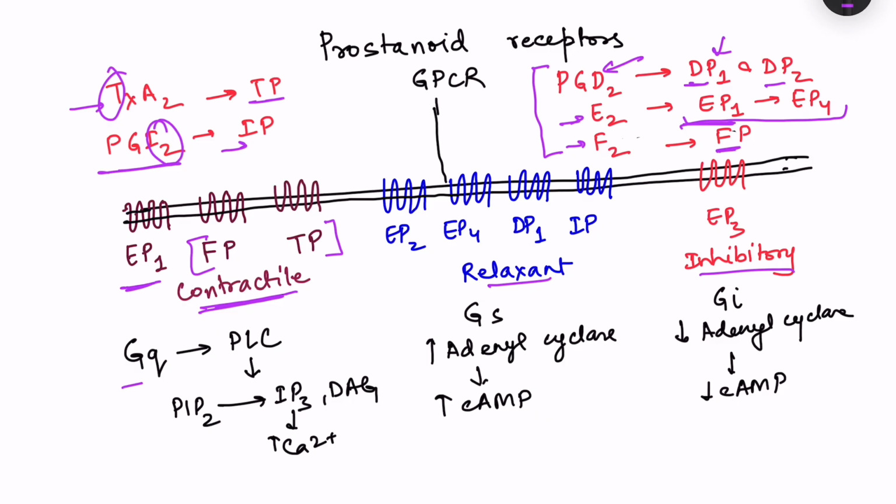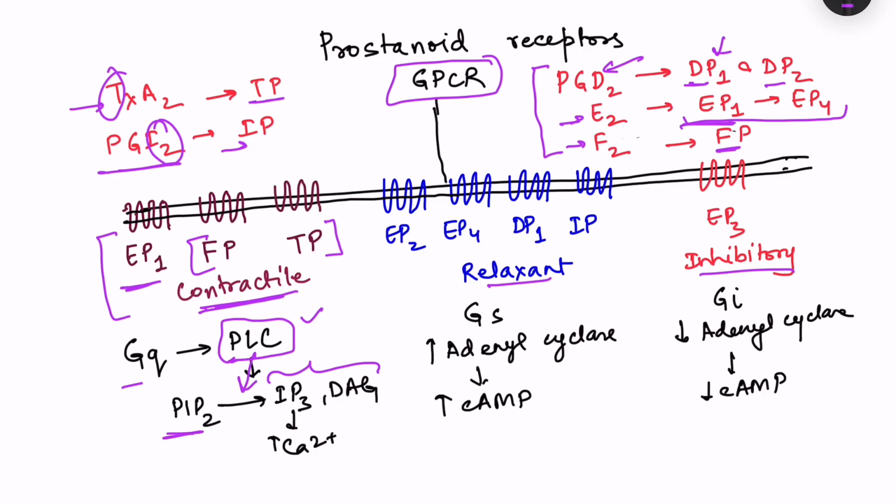See, all of the prostanoid receptors are G protein coupled receptors, but in G protein coupled receptor, we know from our physiology, G protein coupled receptor is of various types. There is GS, which acts by stimulating adenyl cyclase. There is GI, which acts by inhibiting adenyl cyclase, and then we have GQ. GQ is by stimulating the phospholipase C. So this contractile category of receptor acts by GQ type of G protein coupled receptor, which stimulates phospholipase C, leads to production of IP3, inositol triphosphate, and DAG from phosphatidyl inositol diphosphate.